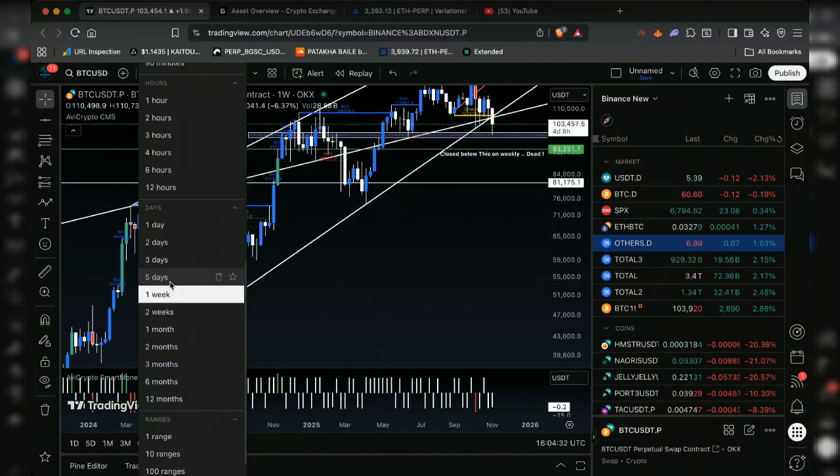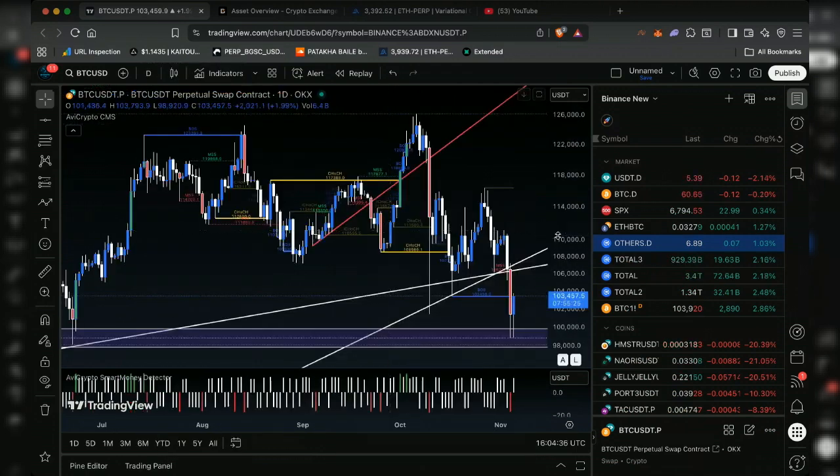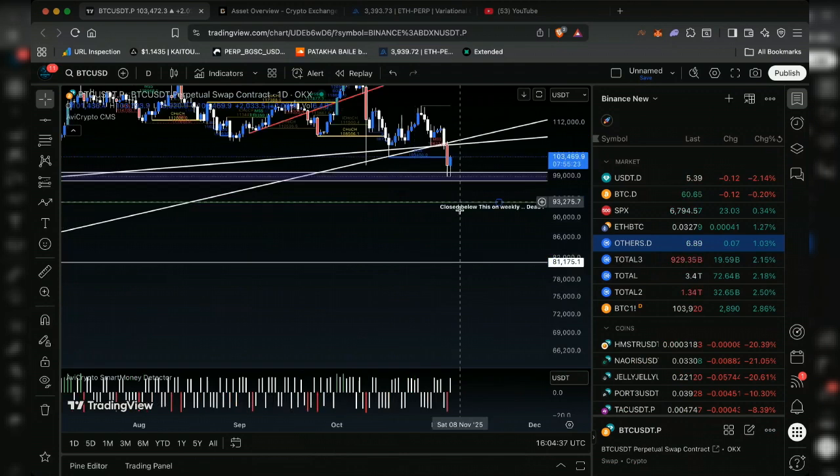But this is one area which I am interested in. If we get some bad news or something and break this, the 81 to 82 level will be something which I have also shared in the morning, I guess. This will be the area that you have to watch out for. This is the plan for Bitcoin.